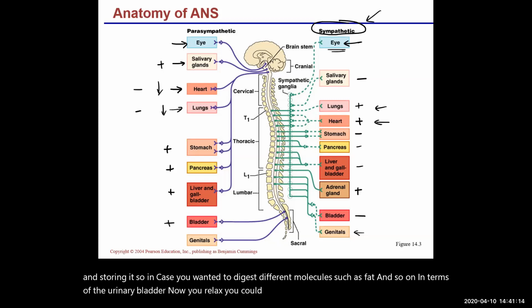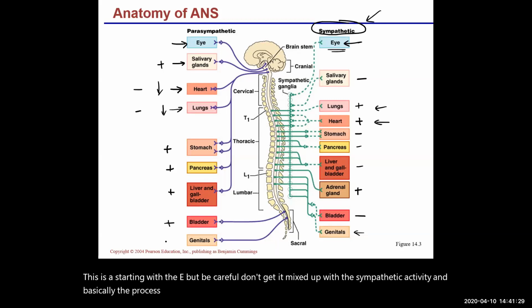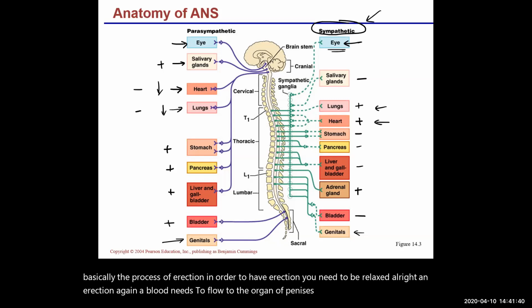And in terms of the genitals, this is starting with the E, but be careful, don't get it mixed up with the sympathetic activity. And basically the process of erection. In order to have erection, you need to be relaxed, all right? And erection, again, blood needs to flow to the organ of penis, and in female, to the organ of the clitoris.